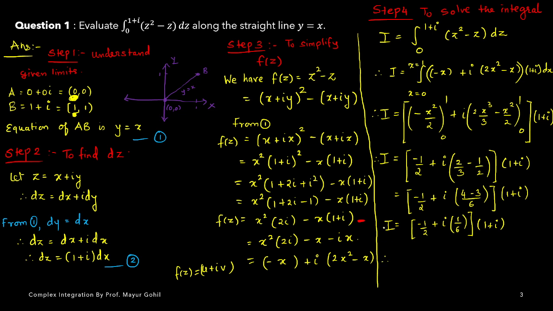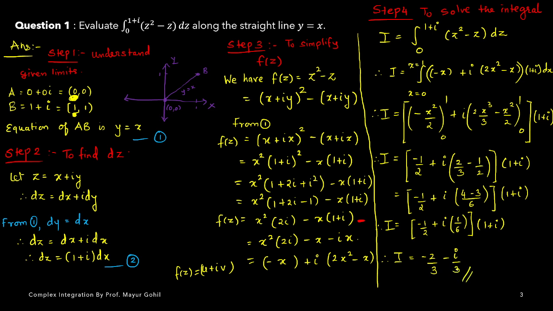On multiplication you must get I equal to minus 2 by 3 minus i by 3. This will be your final answer.